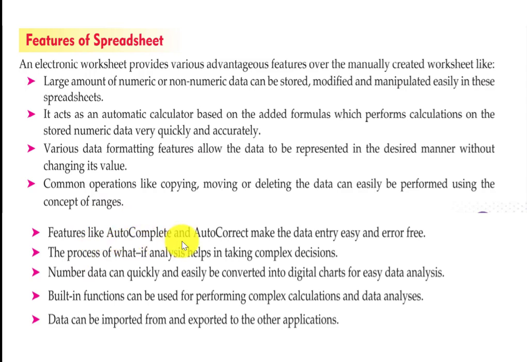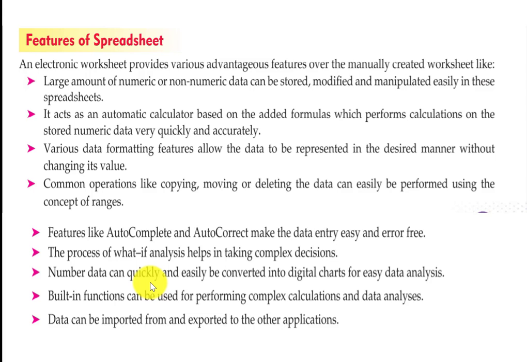Features like autocomplete and autocorrect make the data entry easy and error-free. Autocomplete means there is a function in MS Excel: when we write January and February, then it will complete all the names of the months by itself. The process of what-if analysis helps in taking complex decisions.